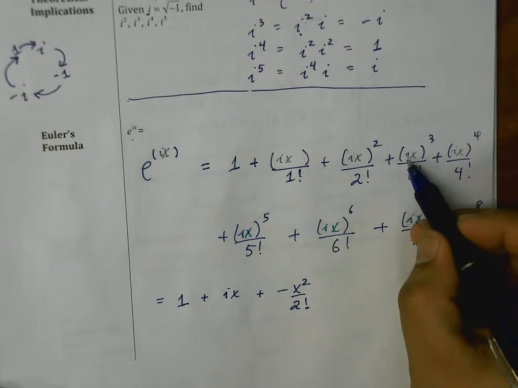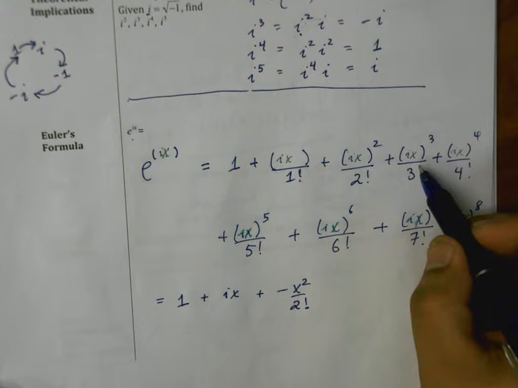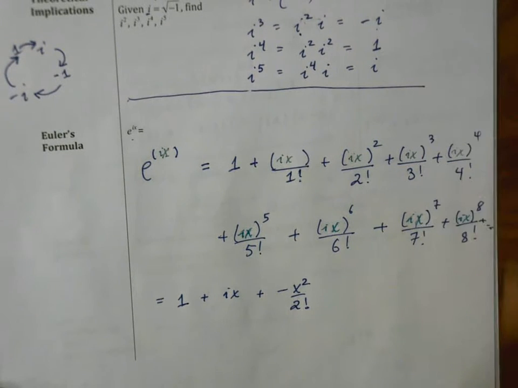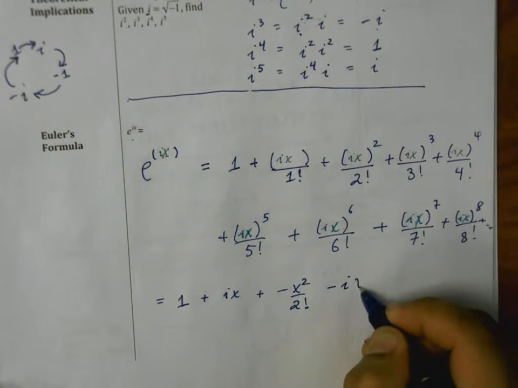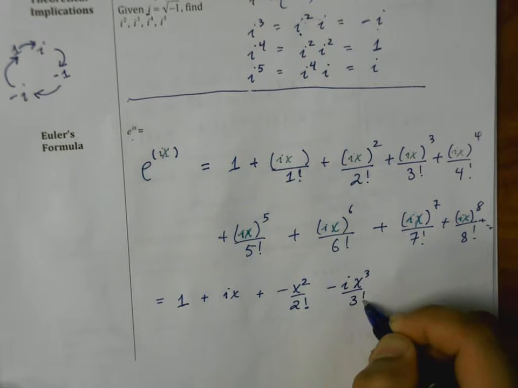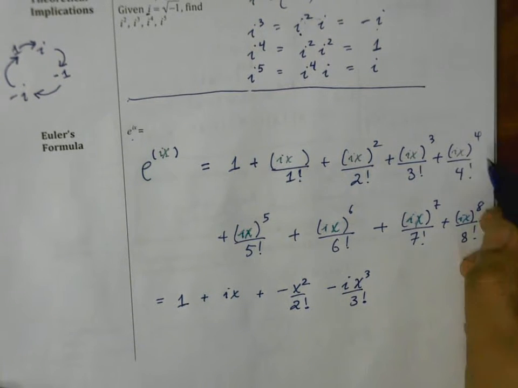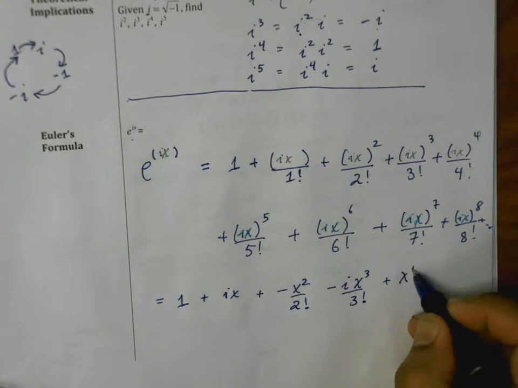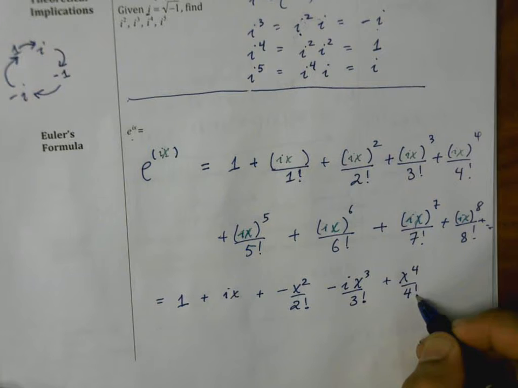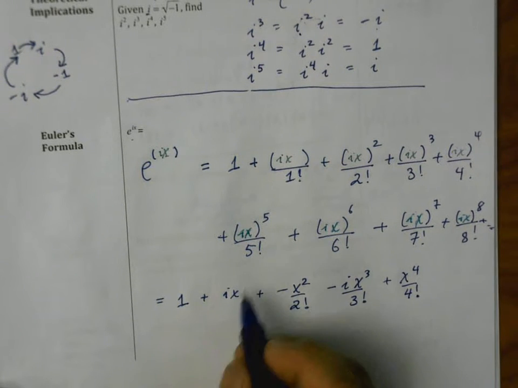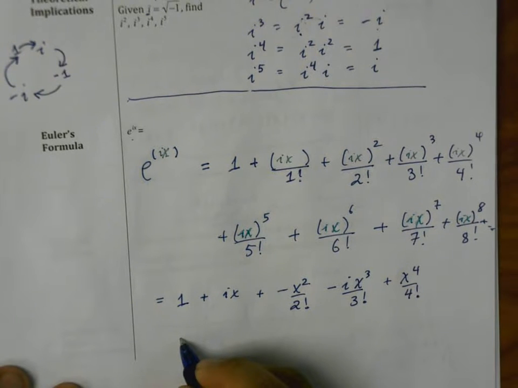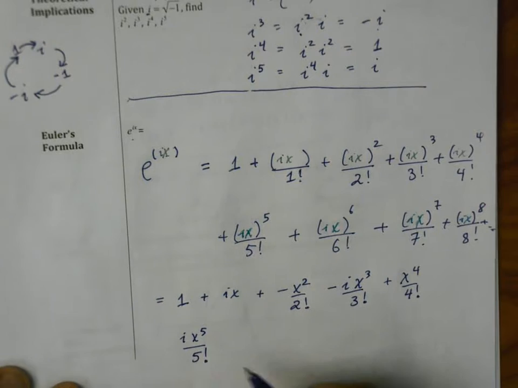This is i to the third, x to the third, but i to the third is -i, so -i x to the third over 3 factorial. i to the fourth is just 1, so this is just x to the fourth over 4 factorial. i to the fifth is i again, so this is i x to the fifth over 5 factorial.